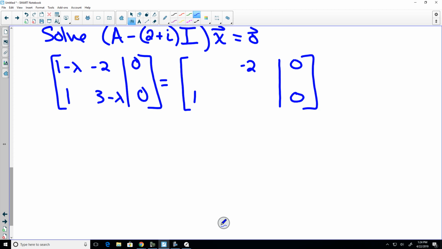So 1 minus lambda. So if we take 1 and subtract 2 plus i, what do you get? Negative 1 minus i. Good. 1 minus 2 is negative 1, and then you also have to subtract the i. You can't combine those, so you just leave it. And then we have 3 minus lambda, so 3 minus 2 would be positive 1, and then minus i.